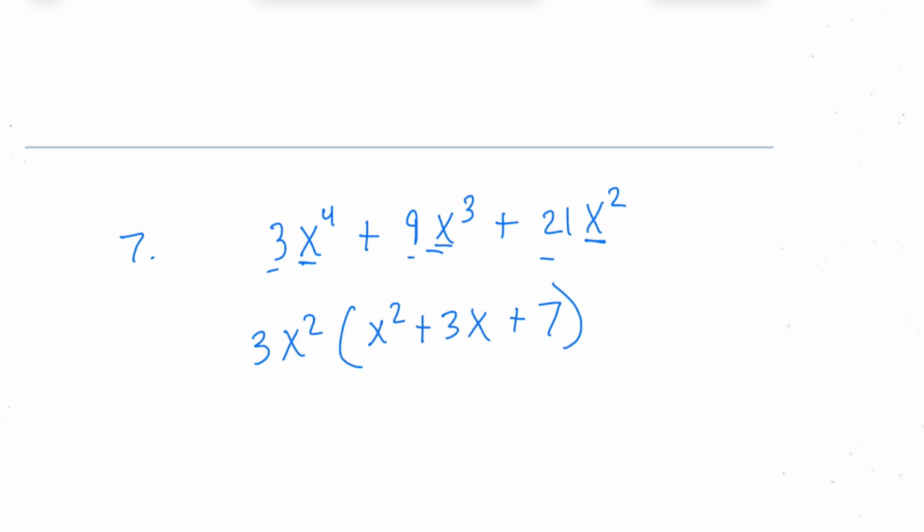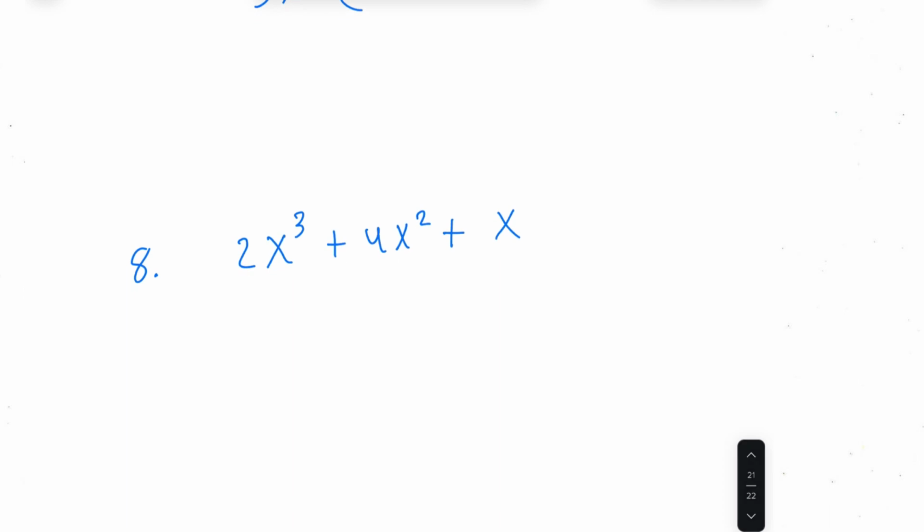Hopefully that makes sense where I'm getting these numbers, but all we're doing here is we're just dividing 21x squared by 3x squared. 9x squared, or 9x to the power of 3 by 3x squared. That's where the numbers are coming from, in case that didn't make sense.